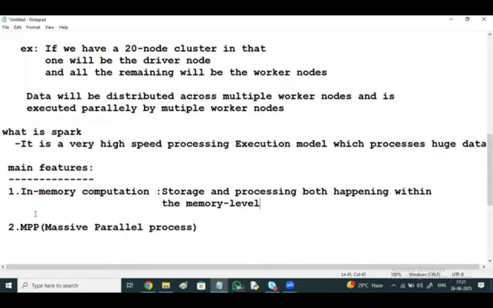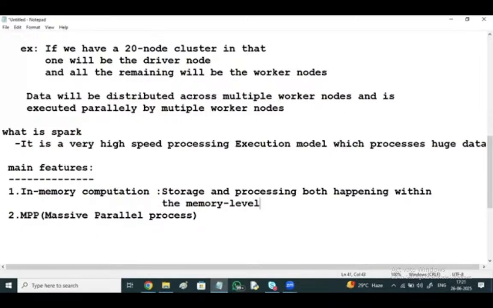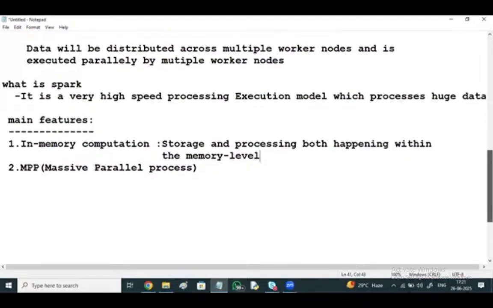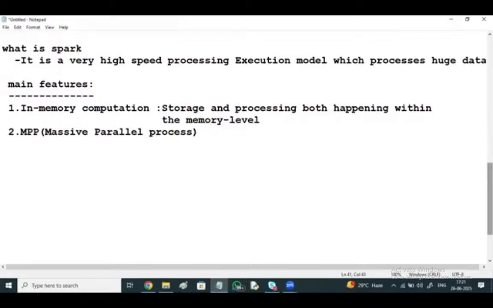Generally data is stored at the disk level, but in Spark, even GBs or TBs of data are stored within the memory and processed within the memory level. That's why we see very high speed. Compared with other technologies, Spark is 100 times faster than normal disk processing.